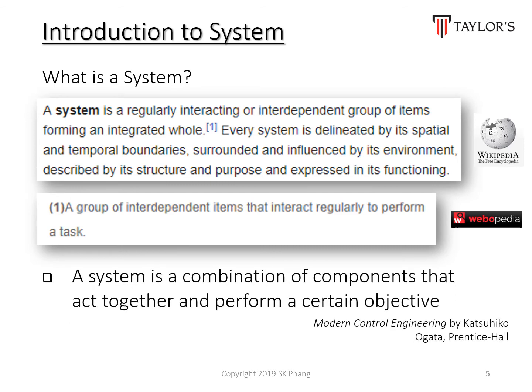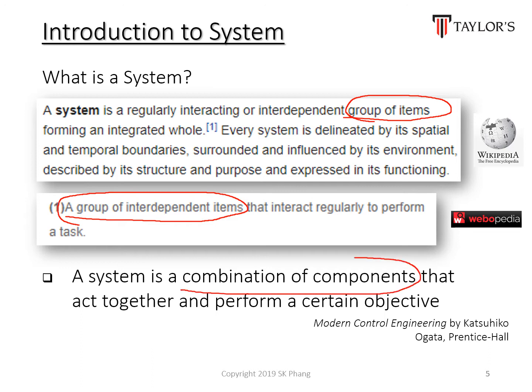Even the textbook says a system is a combination of components that act together and perform a certain objective. Overall, you can notice that many people focus on different groups of items, groups of independent components and combinations of them, to perform certain tasks or to perform a certain integrated environment.